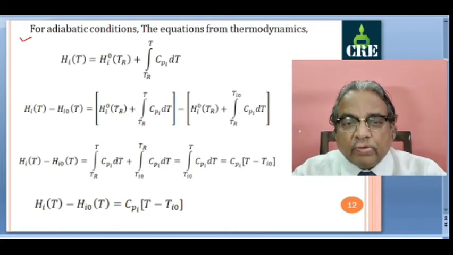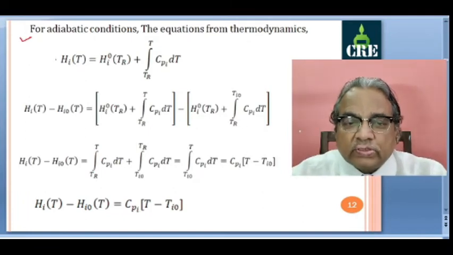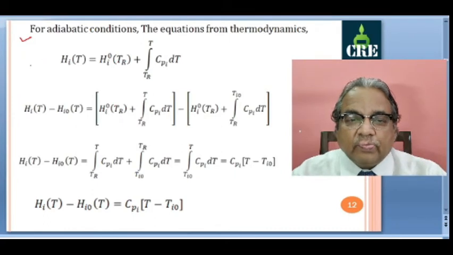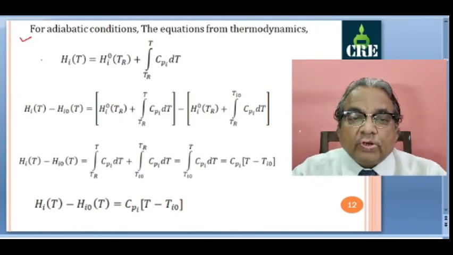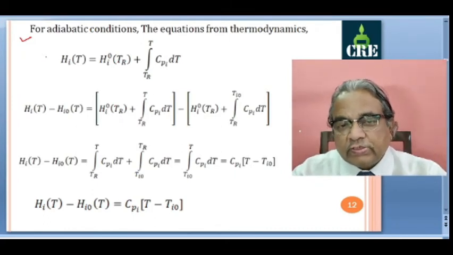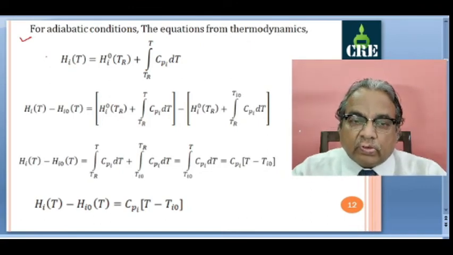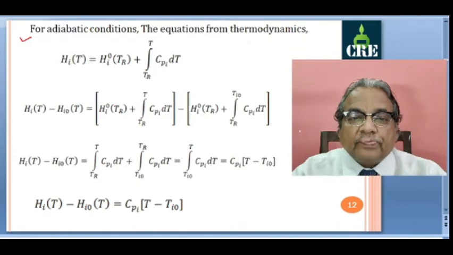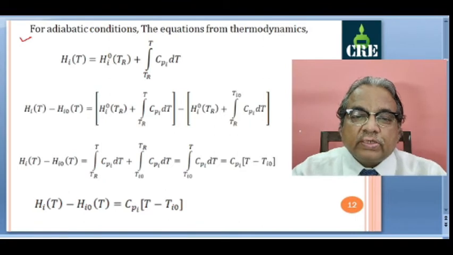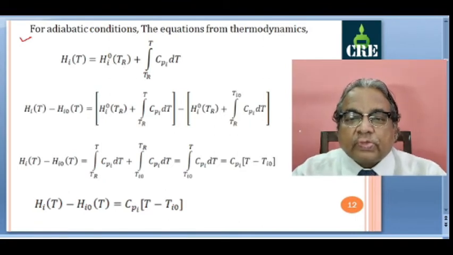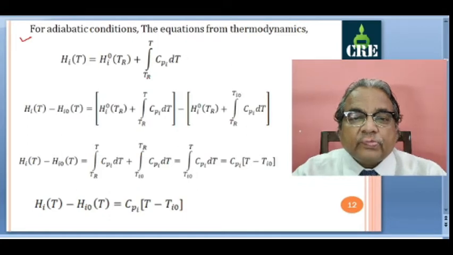Only we'll pick up the equations which are useful for us directly in case of non-isothermal reactor design, and particularly to obtain the proper energy balance equations and the relationship between conversion and the temperature. So Hi at any temperature T will be equal to the standard value at reference temperature, Hi0 at Tr, plus integral Tr to T Cpi dt.